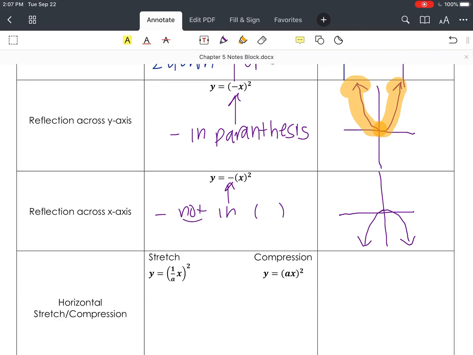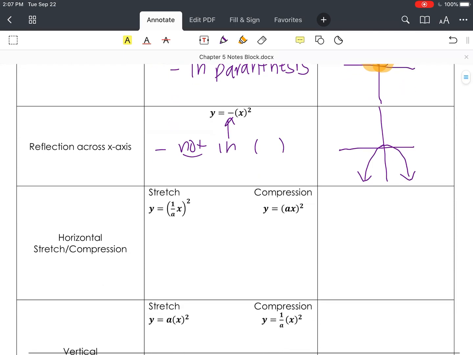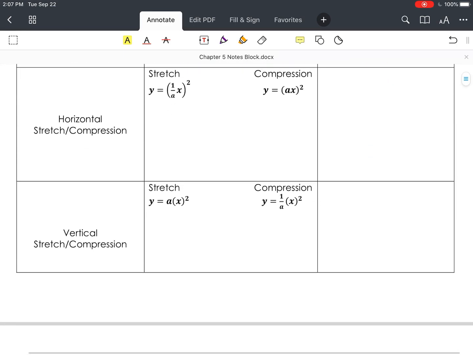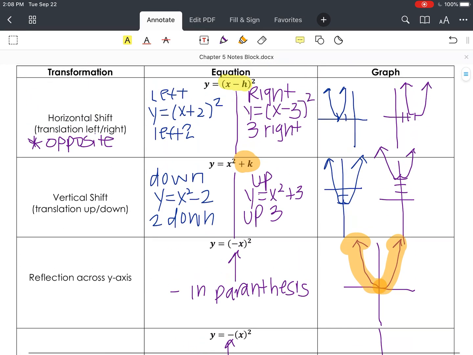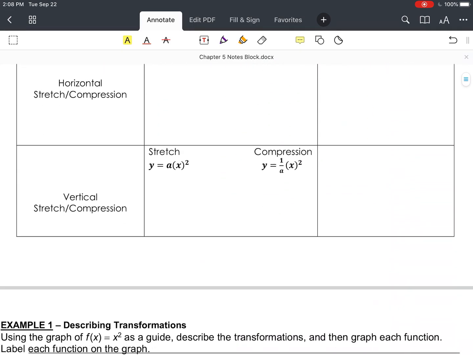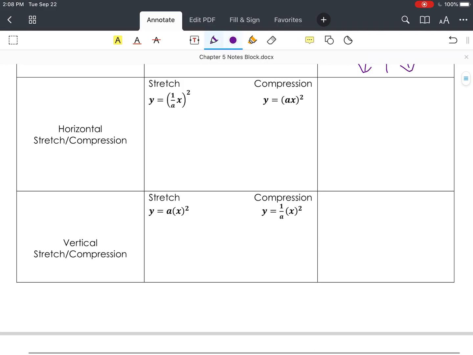The last thing we can do, so we can move them left, right, up, down, reflect. And then the last thing is horizontal stretches, compressions, and vertical stretches and compressions. For horizontal, just like up here with horizontal shifts, everything that's in horizontal is going to end up being in parentheses. So notice my numbers are in parentheses here.